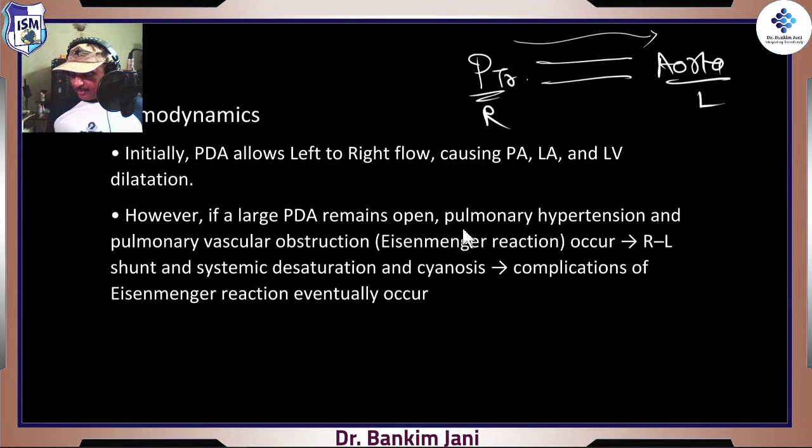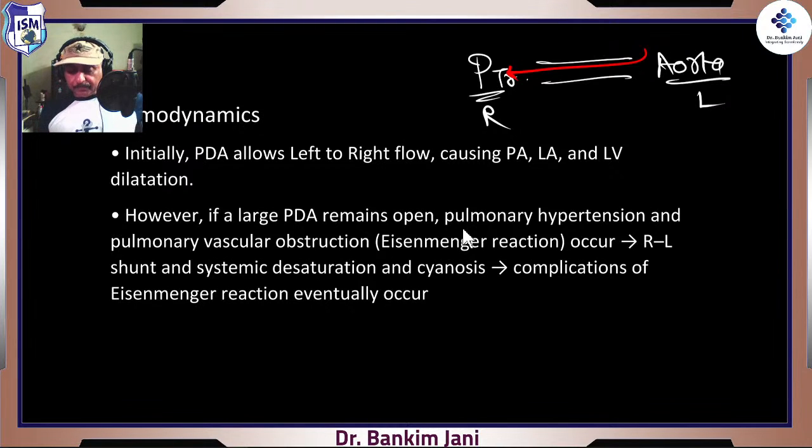Under the influence of prostaglandins, it was remaining open. Now the placenta is no more, so prostaglandins are no more. There is higher pressure in the aorta, so after some time it has to be converted into a ligament. It is not converting, so the aorta would say, fine, there is an opening, let the blood go, and that's what is called the left to right flow, right?